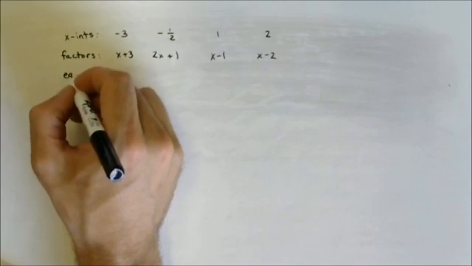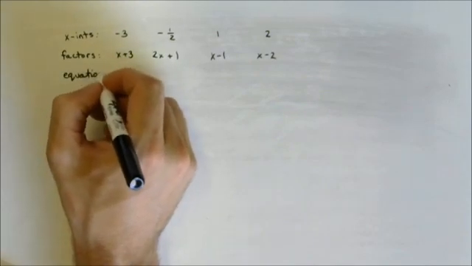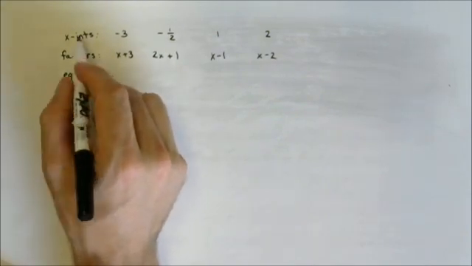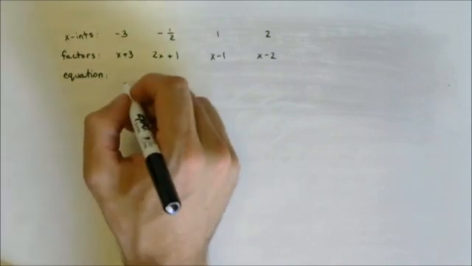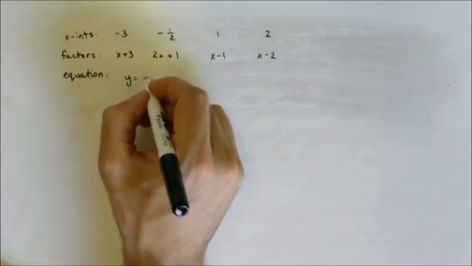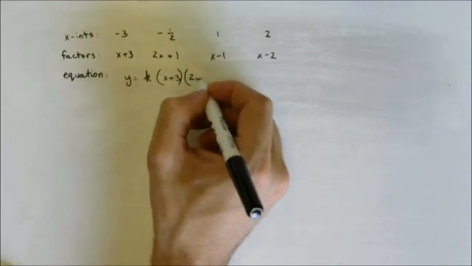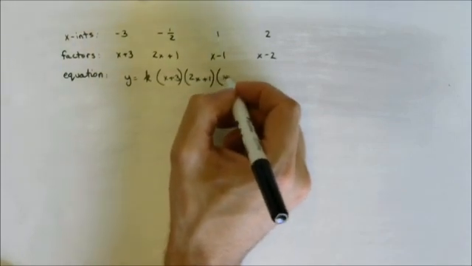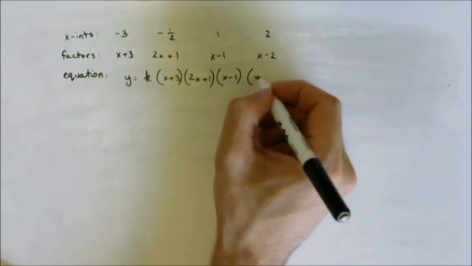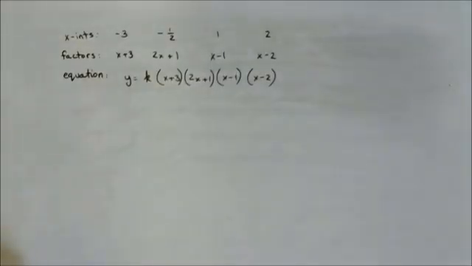So our equation then, again, I'm doing this for the sake of notes. You don't necessarily need to write this every single time on the left, but our equation is y equals some multiplier times x plus 3 times 2x plus 1 times x minus 1 times x minus 2. Look at the graph, pick a point that it goes through. Can you see any point that it exactly goes through? At x equals -1, it goes through a nice point.